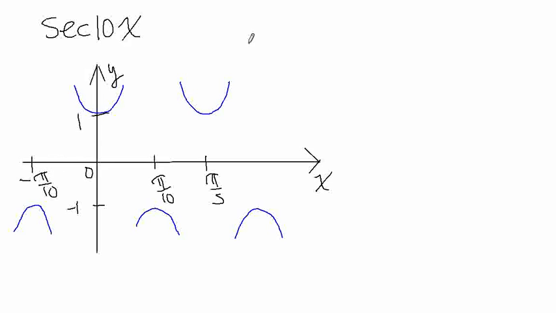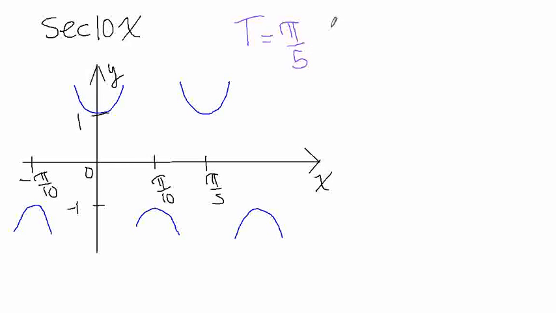Okay, so the y-intercept is the same as for the original secant graph, so we haven't stretched it vertically. The effect of the 10 in that position is to change the period. When you multiply the x by a number, it's like either stretching it or compressing it horizontally. Okay, and so notice that for this function, the graph has a period of pi over 5.